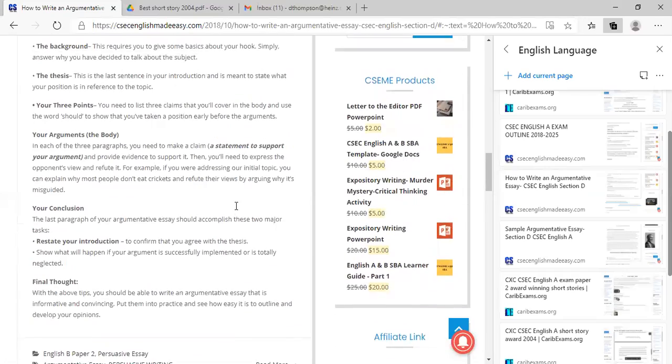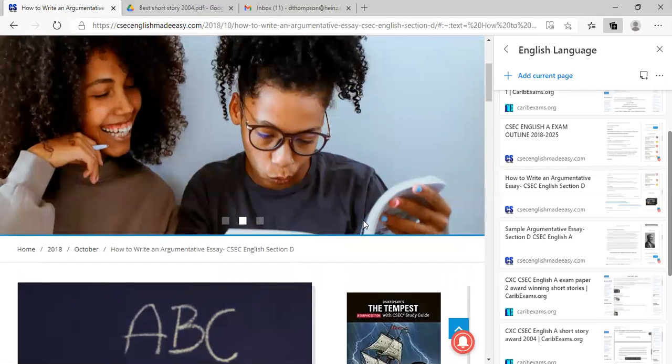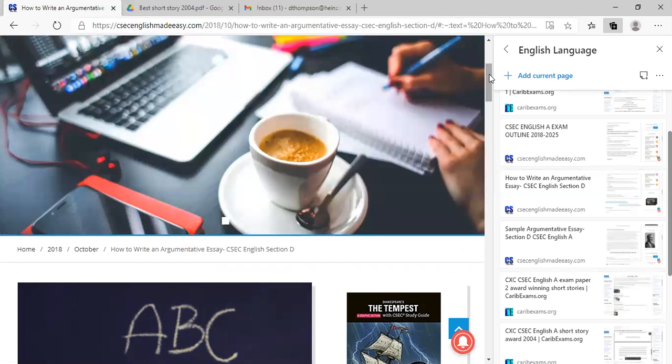What do you understand about a thesis, Karen? Sir, it's like the sentence that explains what your entire essay or argumentative essay is going to be about. Okay. Basically gives the reader the understanding of what they're about to read. So it's basically like an introduction of the essay. Right. So that's good. But what I think you haven't been taught is where you put the thesis statement.